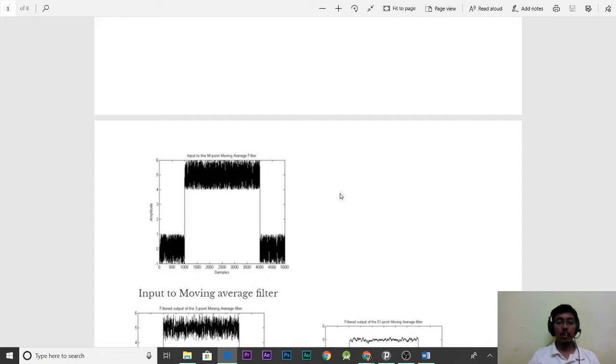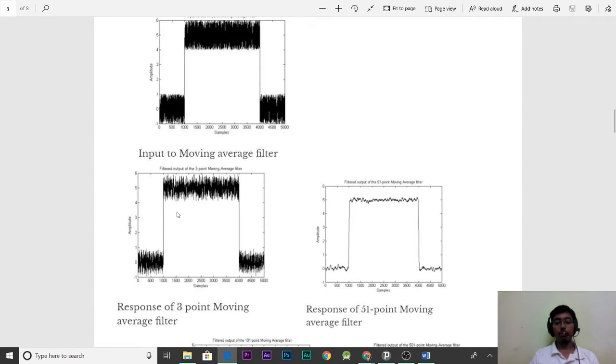And here, coming back to this, assume that this one is our input signal x of n. When this was given to a black box which processes the 3-point moving average filter, the output would be like this. If we increase L still further, for example 51, the output would be like this.